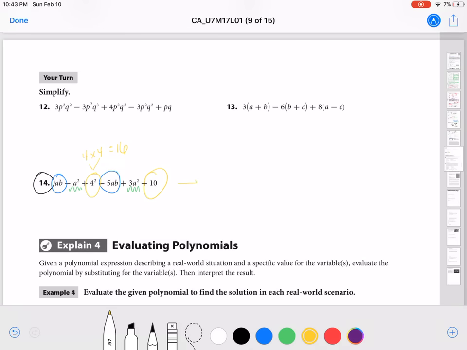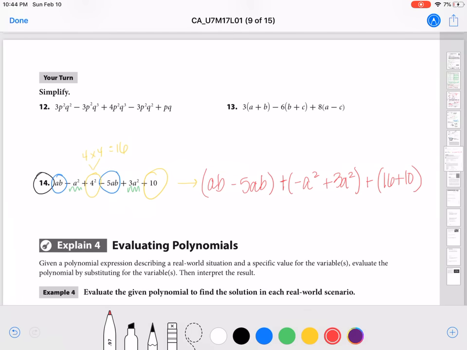Okay, so if I rewrite this, I'm going to have AB minus 5AB, because I'm combining like terms, minus or plus negative a squared plus 3a squared plus 16 plus 10.